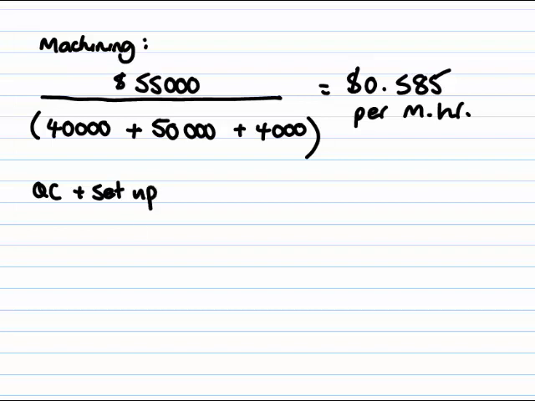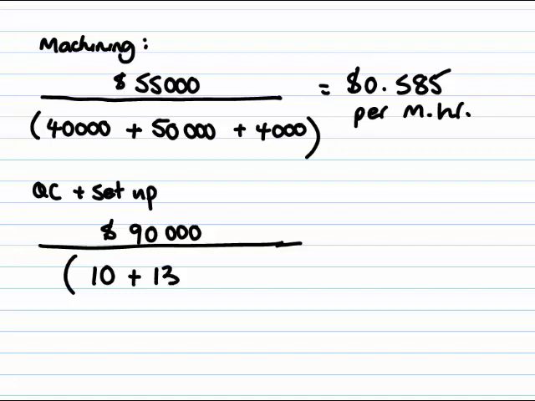So we've got $90,000, and that's going to be divided by a total of 10 plus 13 plus 2, and that is equal to $3,600 per production run. Now there is a reason why I'm putting these separately on the denominator of the formula. You'll see that in a moment, what the use of that is.